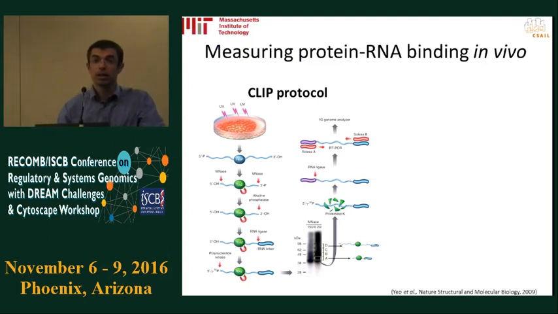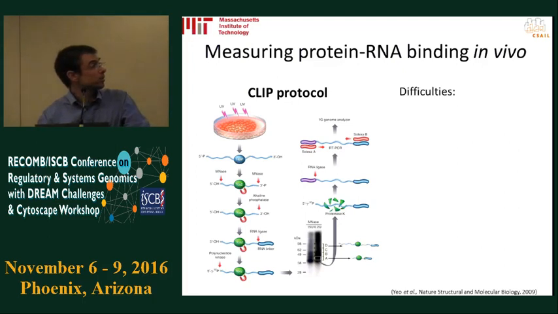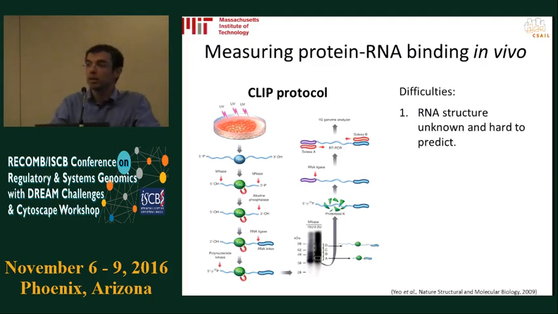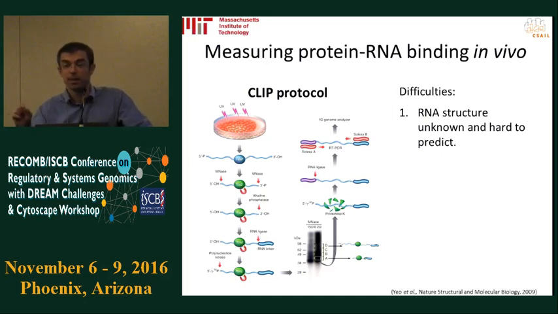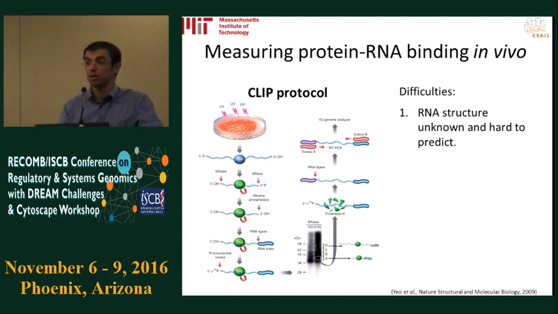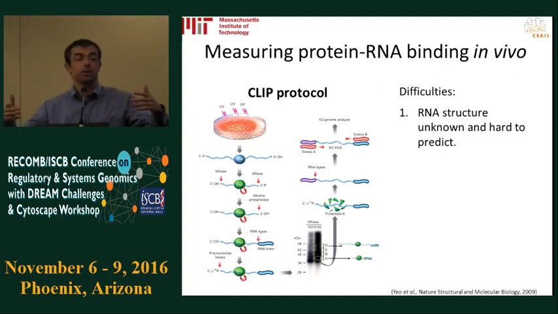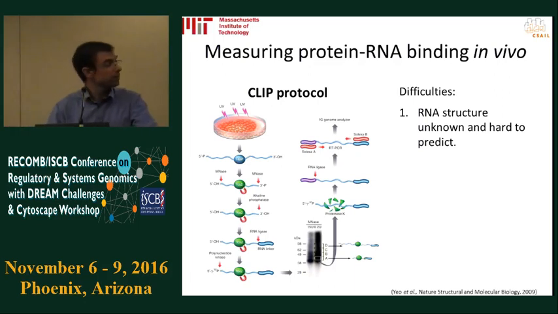But there are several disadvantages in this protocol. First, if we are interested in learning the structural preference of the protein, we need to have the structure of the mRNA. And the prediction accuracy of structure on mRNAs in vivo is not that accurate. It's very difficult to predict the structure of long mRNAs, which may span thousands of nucleotides.